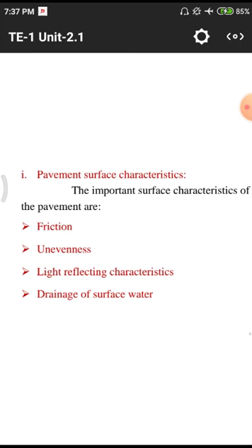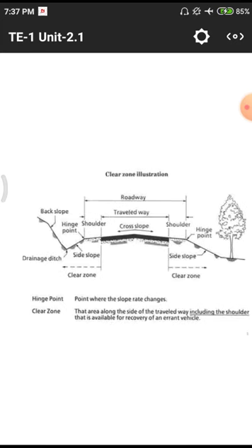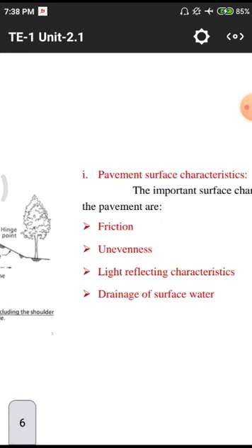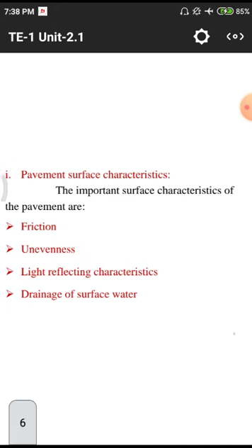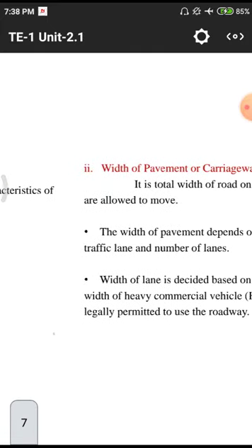Next one, drainage of surface water. In the previous slide we had a slope, the cross slope, to eliminate water on the surface of the road. That means we need to maintain better drainage characteristics for any kind of road to improve their lifespan.